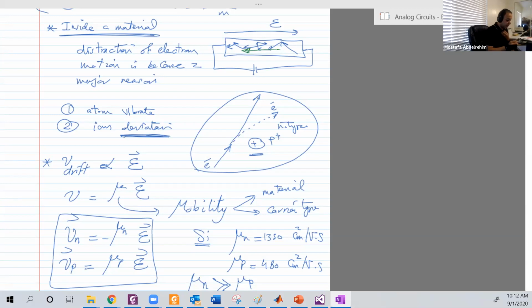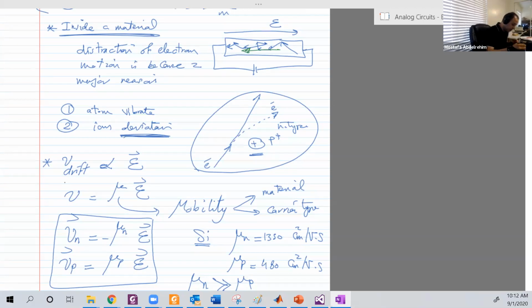And we said that the drift velocity, or the velocity of the electron in that case, is proportional to the electric field applied, and the constant of this proportionality is called mobility. Since we have two carriers, we have two mobilities: mu n and mu p.